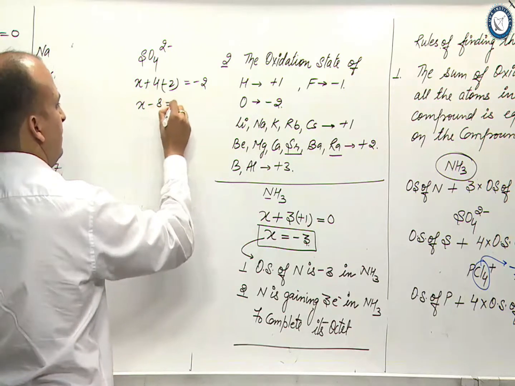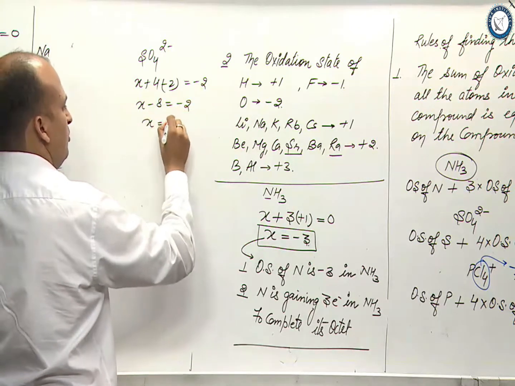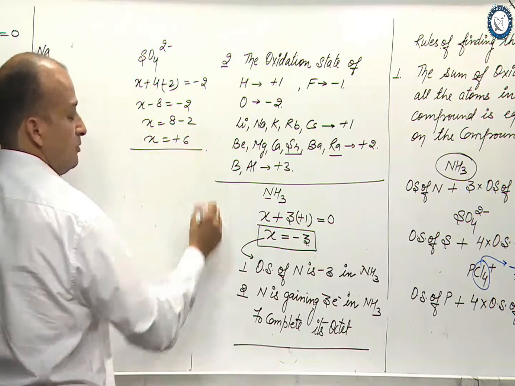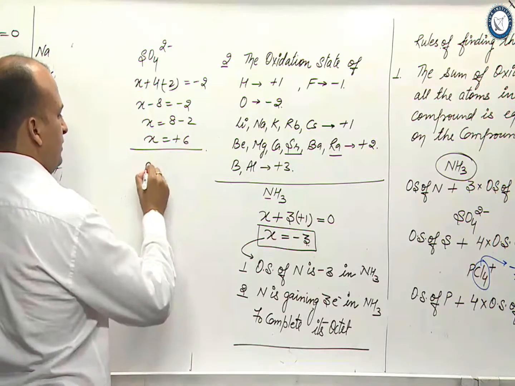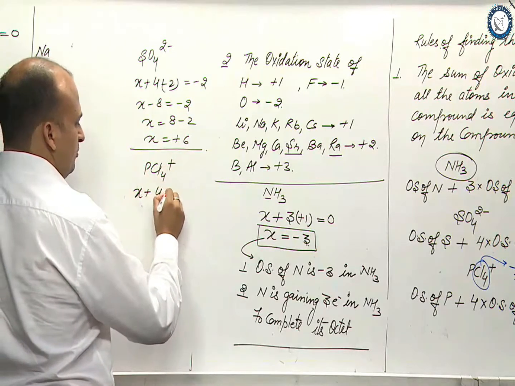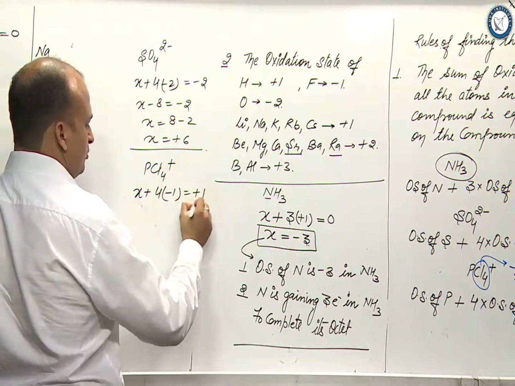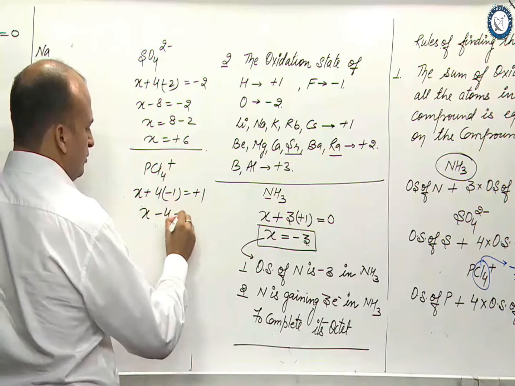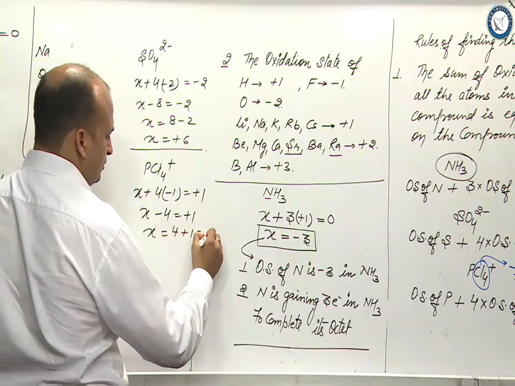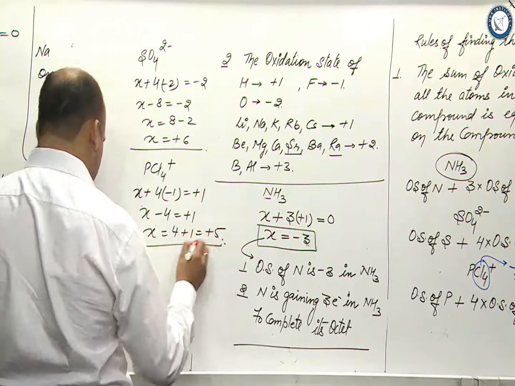So X minus 8 is equal to -2, X is equal to 8 minus 2, X is equal to +6. PCl4 plus: X plus 4 into -1 is equal to +1. So X minus 4 is equal to +1. X is equal to +4 plus 1, which is +5.